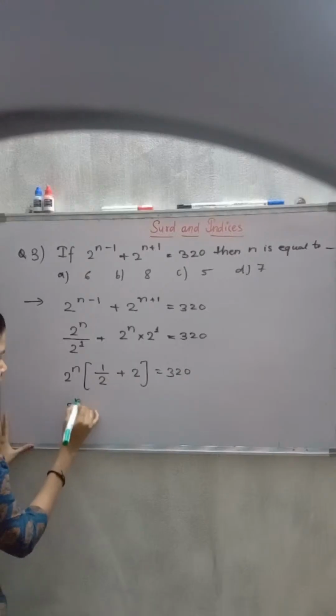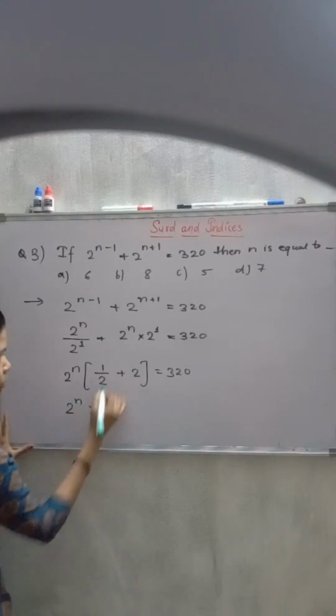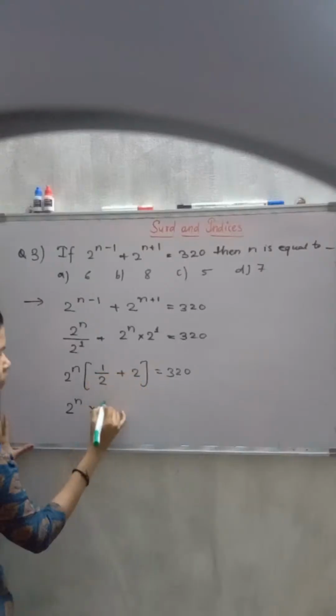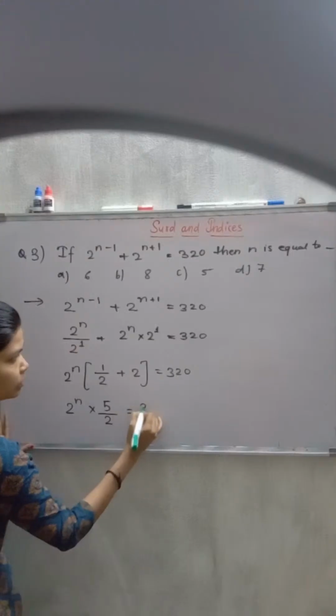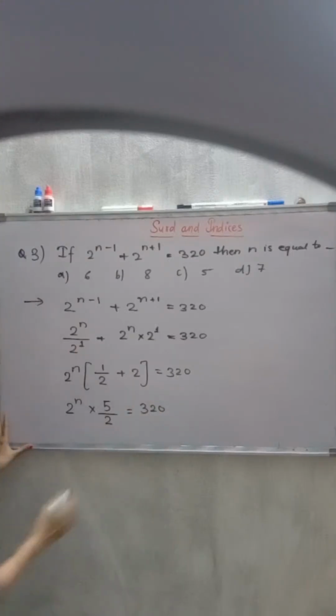Here we get 2 raised to n into 2 to the 4 plus 1, 5 by 2, equal to 320.